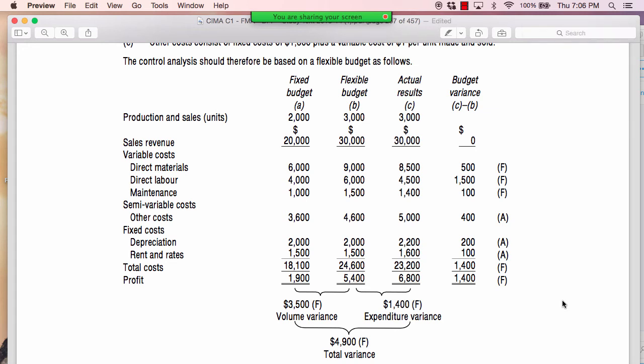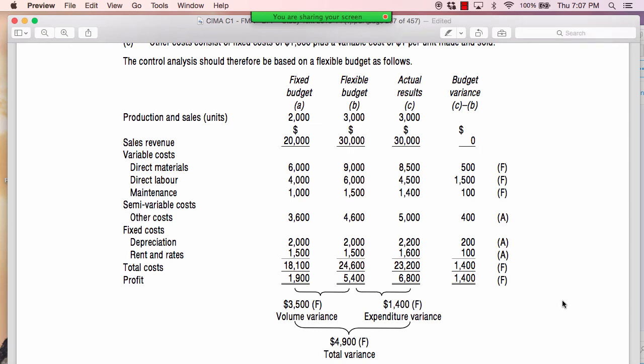If my activity level is 50,000 actual, why do I need to look at what is the fixed and variable cost in this when I'm comparing it with my budget? Why do I need to do that? To check for mistakes or something. Okay.